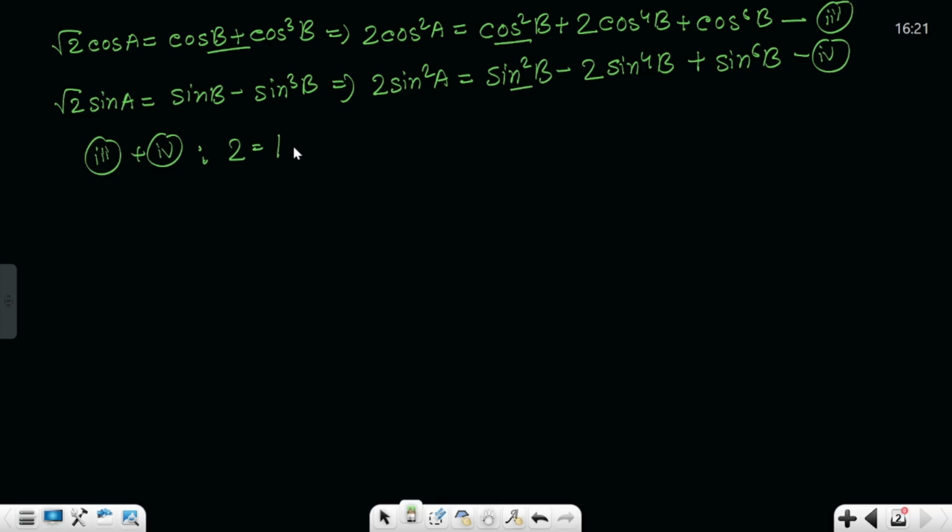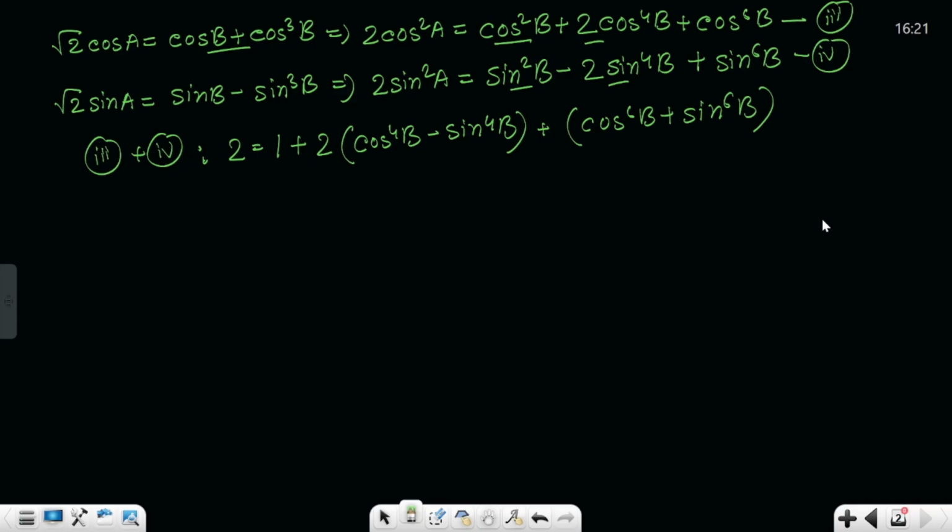So we will write 1 here, 1 plus. Now from these two terms, we can take 2 common. So this will be 2 into cos to the power 4 b minus sin to the power 4 b, and we will write this term as it is. So this will be cos to the power 6 b plus sin to the power 6 b.